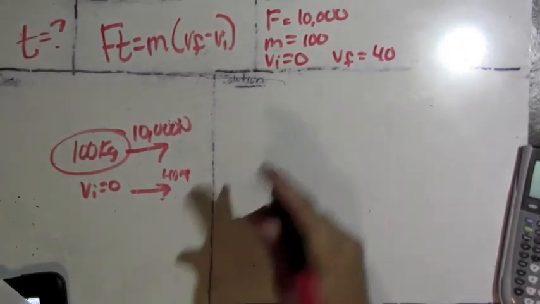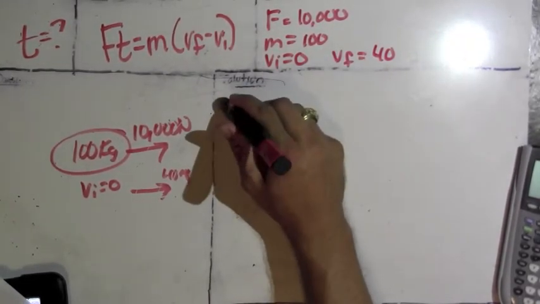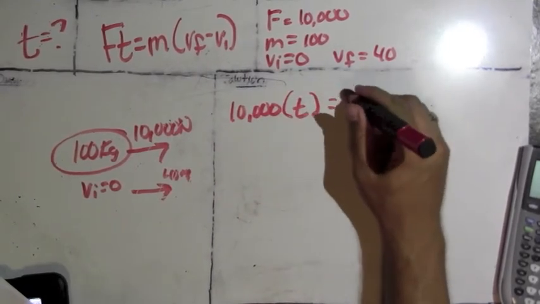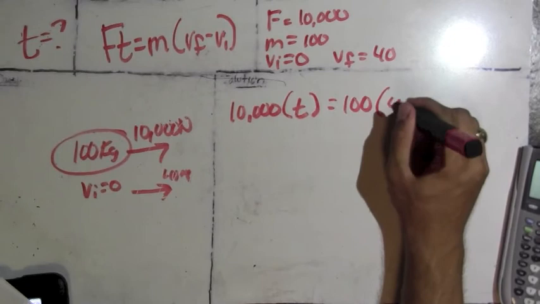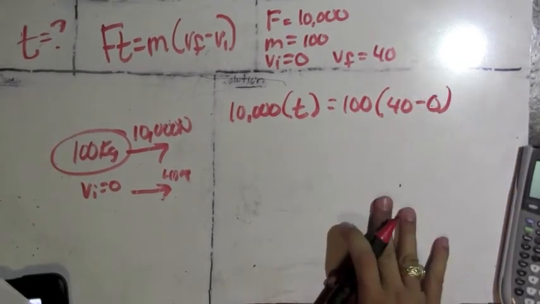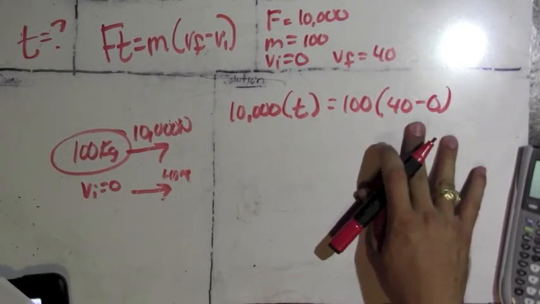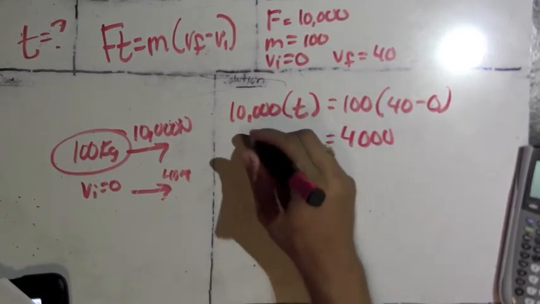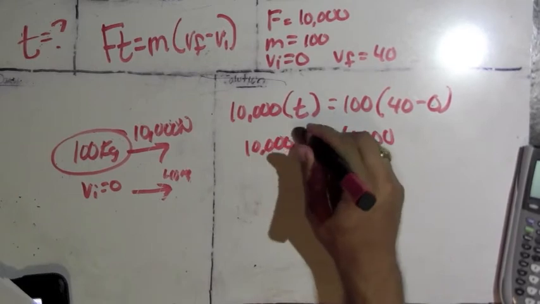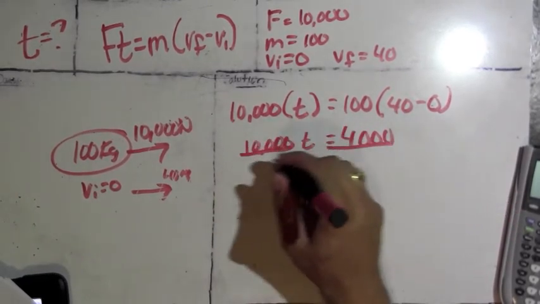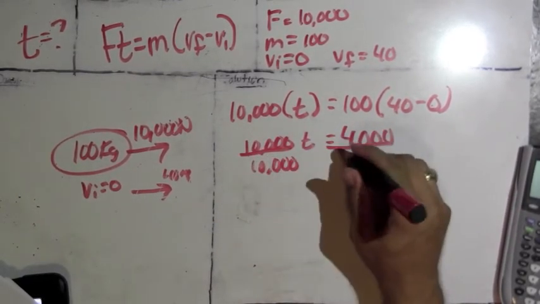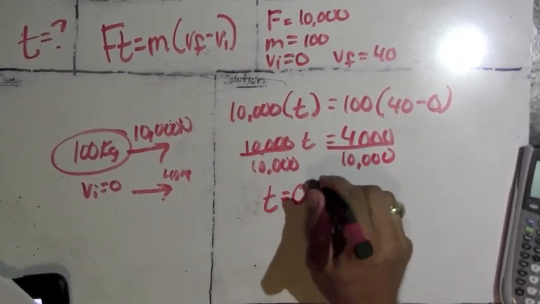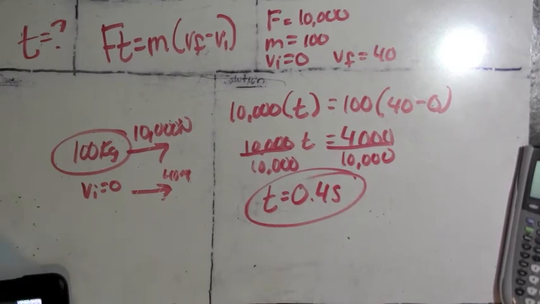What that allows us to do is we can now say 10,000 t equals 100 times 40 minus 0. 40 minus 0 is 40, so this ends up being 4,000. So you have 10,000 t equals 4,000. Divide both sides by 10,000, and you get t is equal to 0.4 seconds.